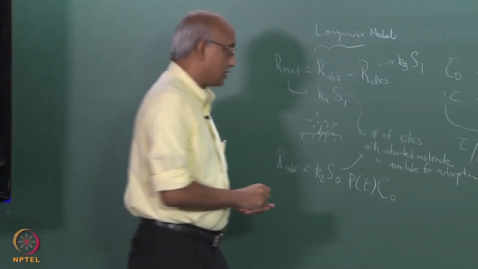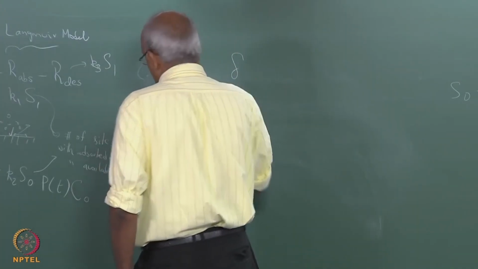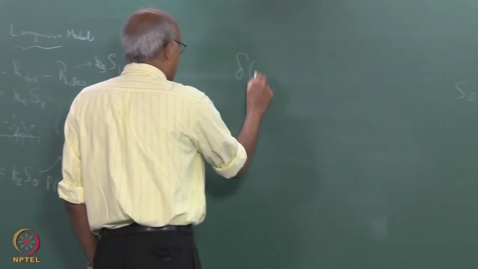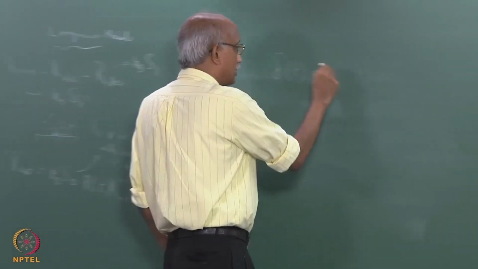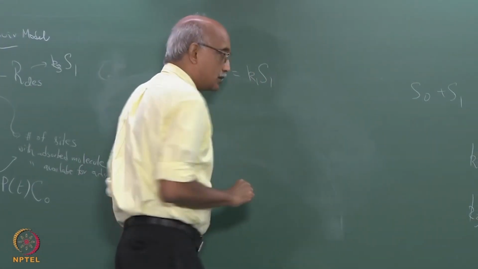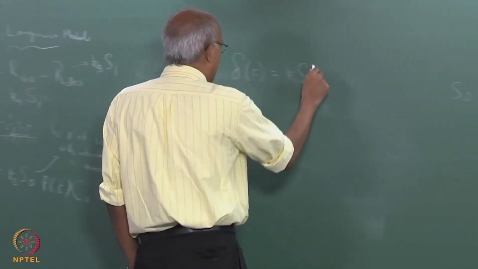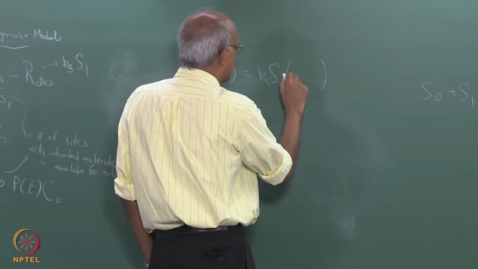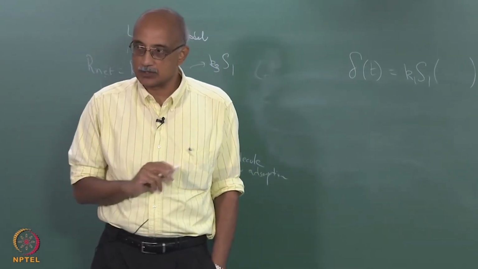So, if you write an expression for delta, that is the film thickness as a function of time, this will essentially be this R net, which is equal to K 1 times S 1, and it will be multiplied by this, a number of molecules that are getting adsorbed on the surface.